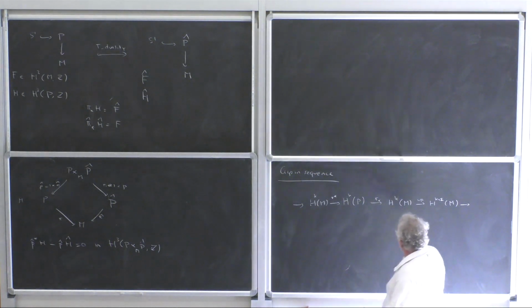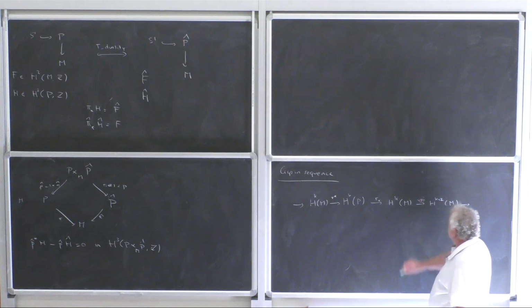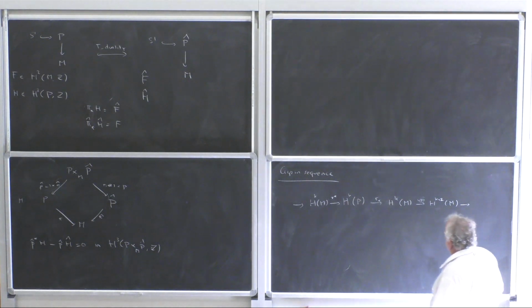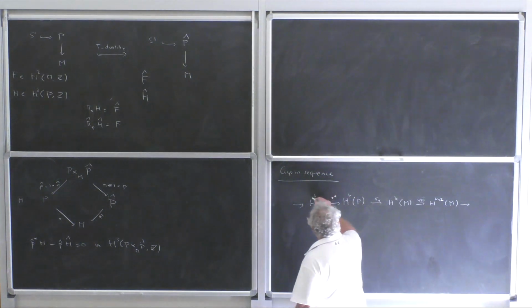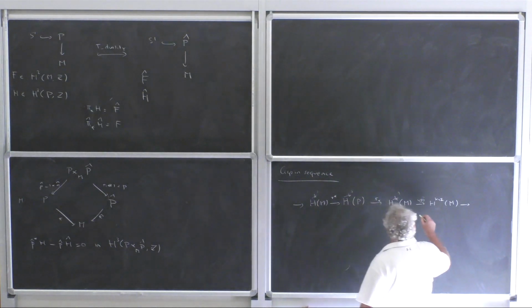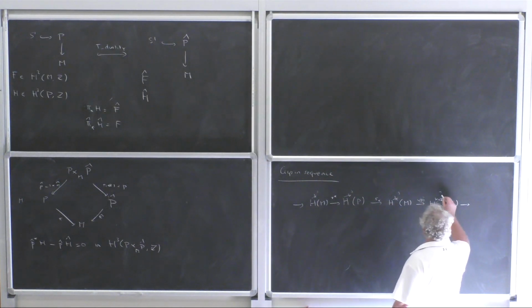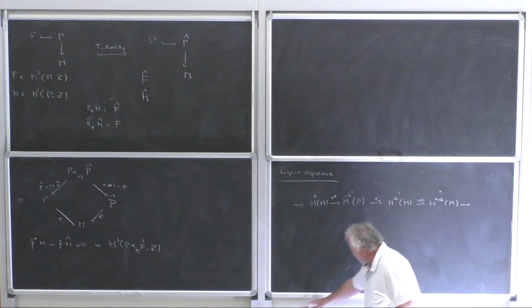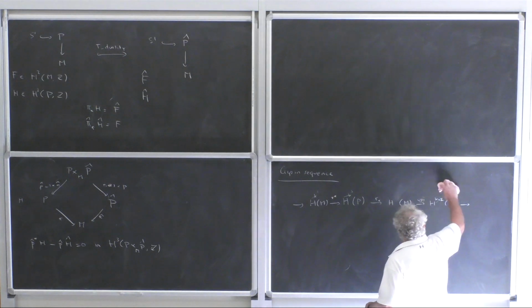So this sequence is determined by F, so by the isomorphism class of your principal U(1) bundle. And if you apply this to k equals 3, nobody warns me that I'm making an error here.